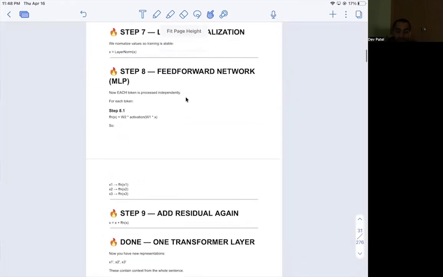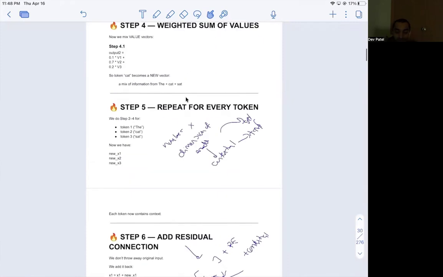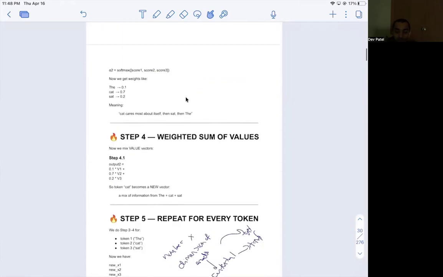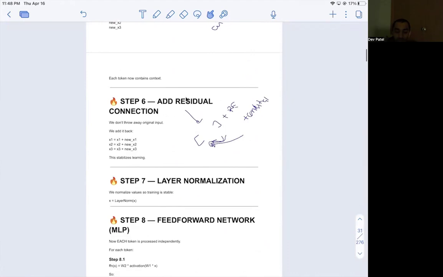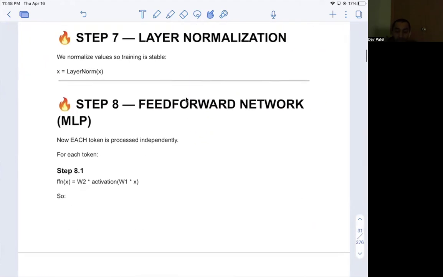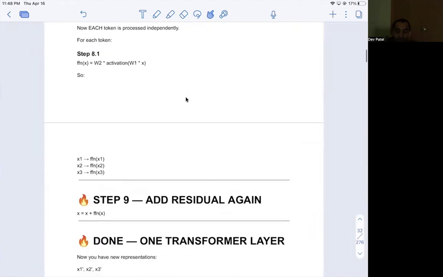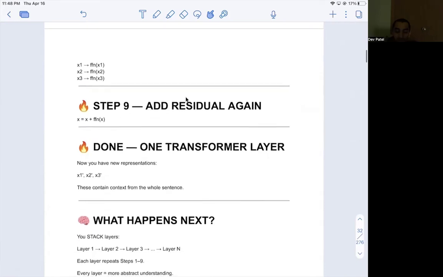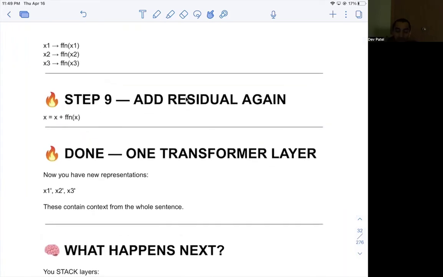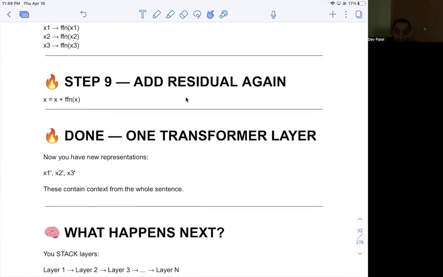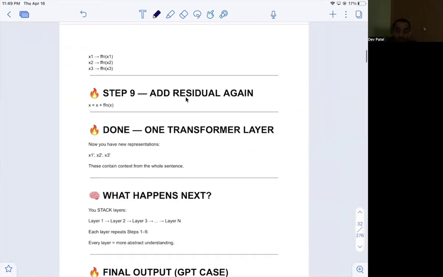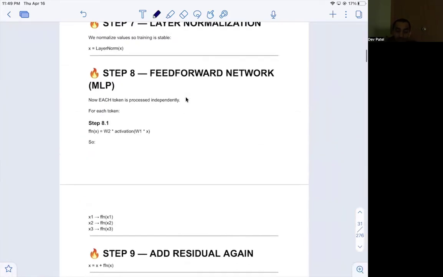Then we add residual again. So what this is, right, is we do our attention layer, then we add residual, then we do layer norm, then we do the MLP feed-forward neural net, then we add residual again. That's the entire transformer layer, and then you can have multiple of these transformer layers. So you add residual after the feed-forward neural net.